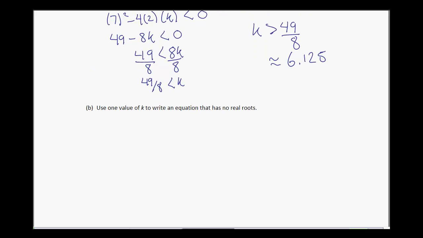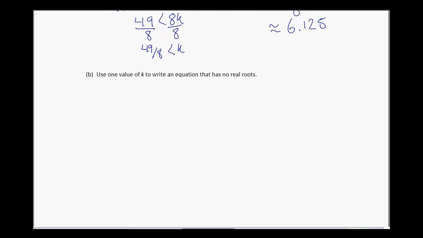Part B asks, use one value of k to write an equation that has no real roots. So in part A, we found that for k greater than 49 over 8, which is 6.125, the equation has no real roots. So let's choose a value, say k equals 10, which is much greater than 6.125.